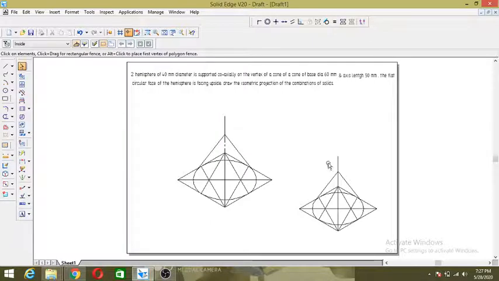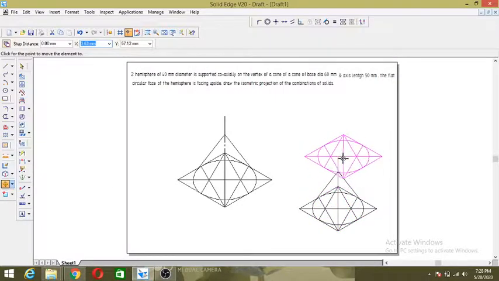After this, what is the diameter of the base? The diameter of the hemisphere is 40 mm. This base is 60, and it is already converted to iso scale, right? What you have to do here, move this base, move from here and place it here.